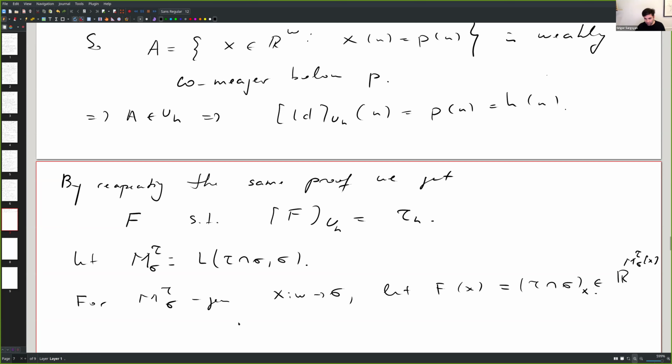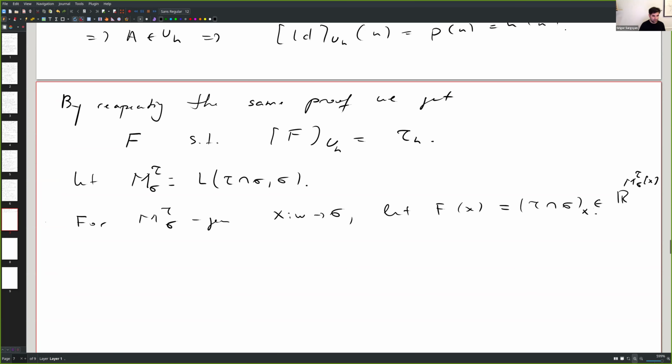Okay, and that's what you want to do now. So we can show it then follows that f mu h is actually going to be equal to tau h. Because what would f represent?